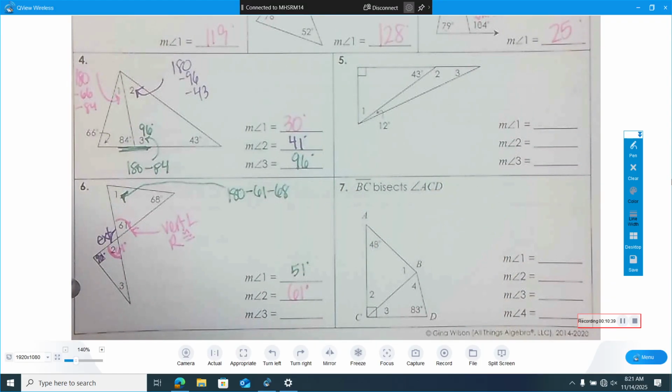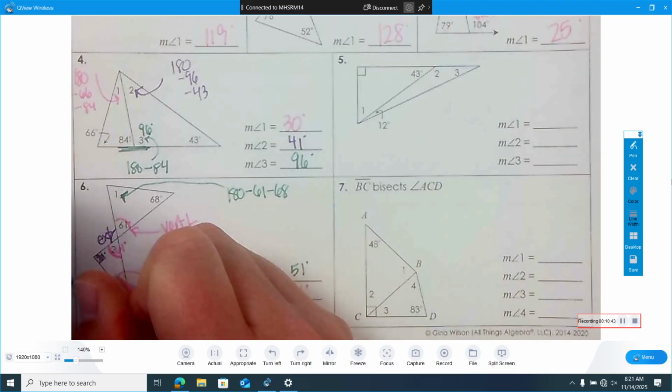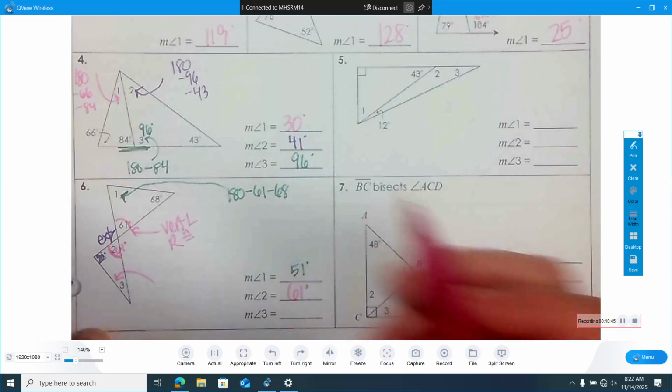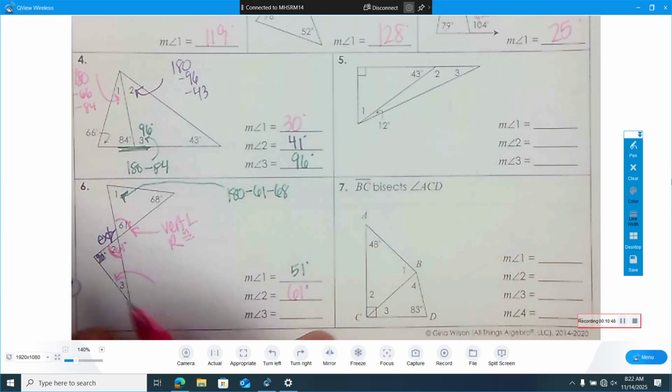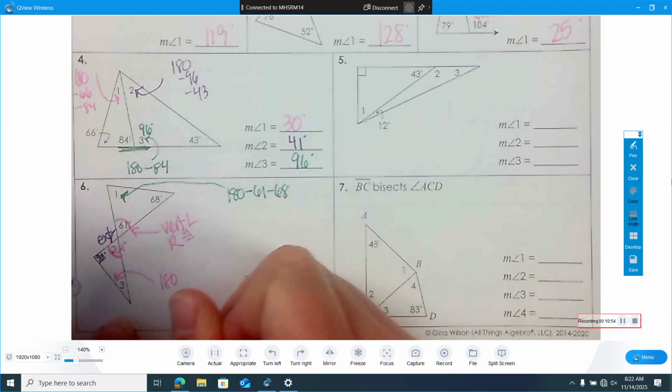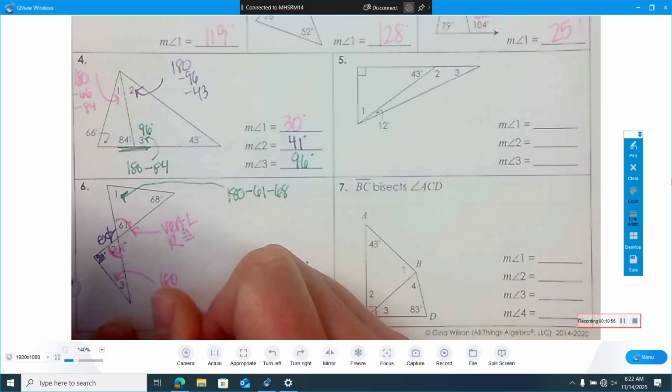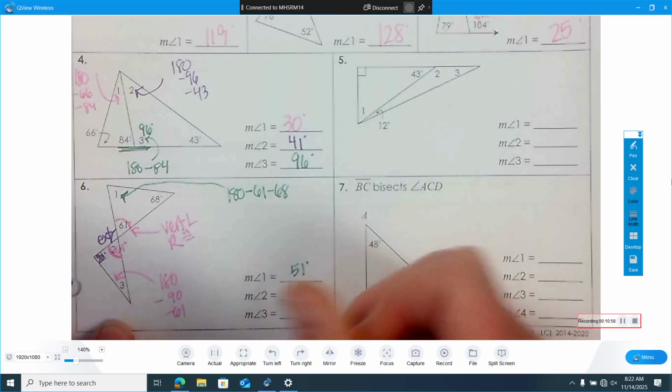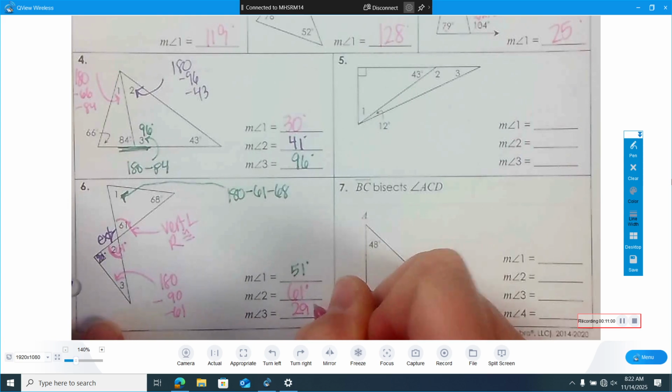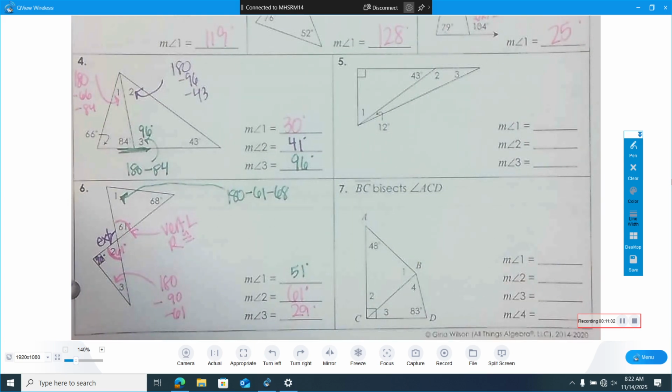All right, and then measure 3, you would do, I just added the 90 plus 61, and then minus that from 180, yeah. And then I got 29. That should plug in. Yep, 29 degrees. Beautiful. All right, great.